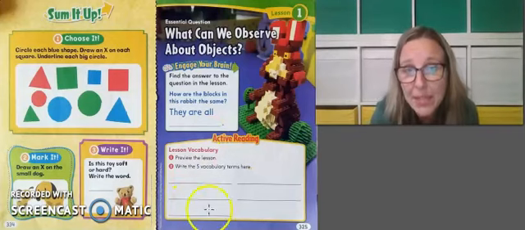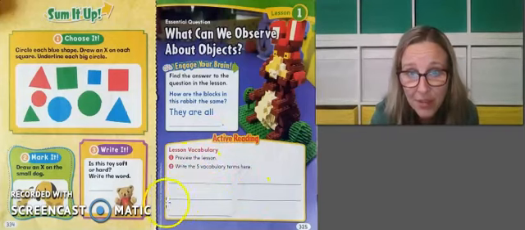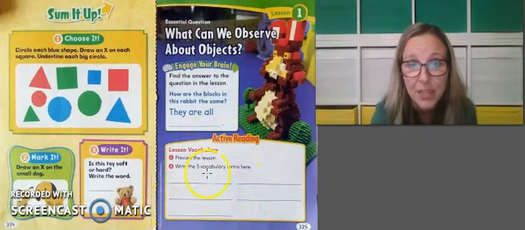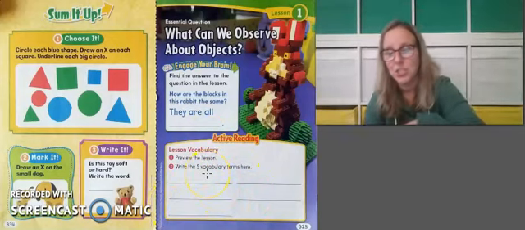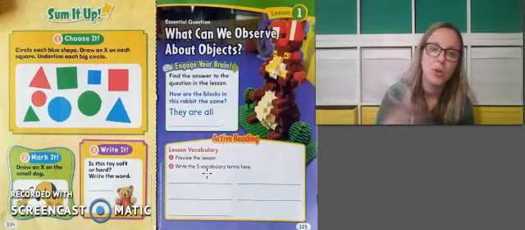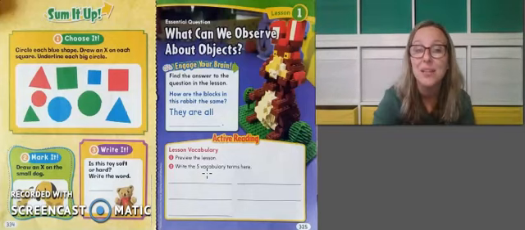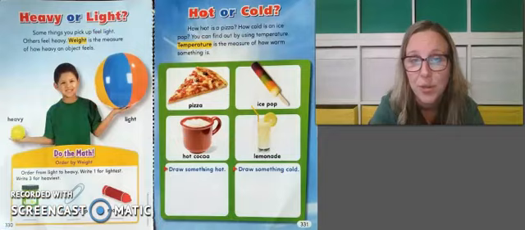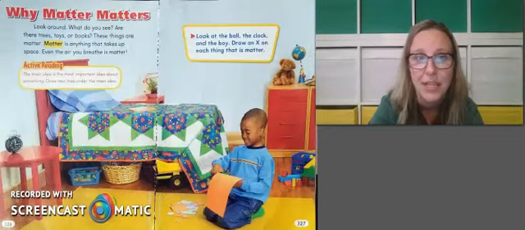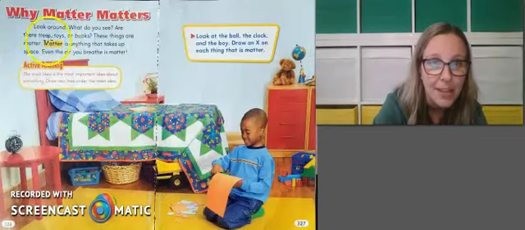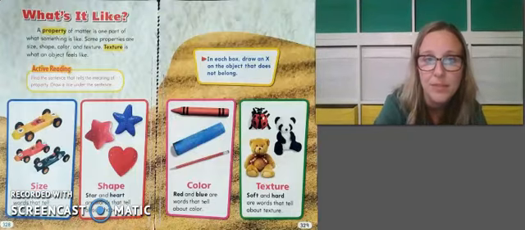Okay, and then down here it says preview the lesson, write the 5 vocabulary terms here. So we actually finished the lesson. So now what you can do is go back through and find any of those highlighted words that you saw. So we had here, I'll go back for just a second. The word matter is highlighted, so you'll write that on the first line.